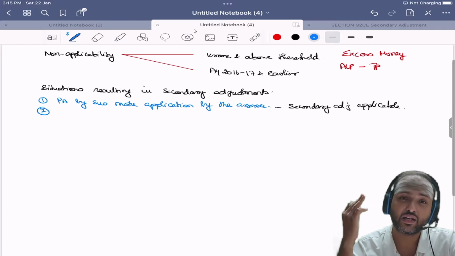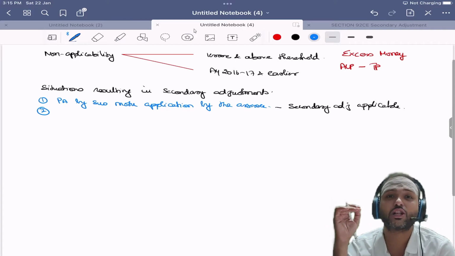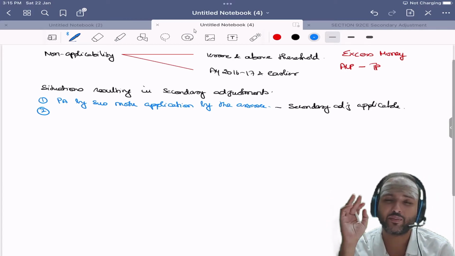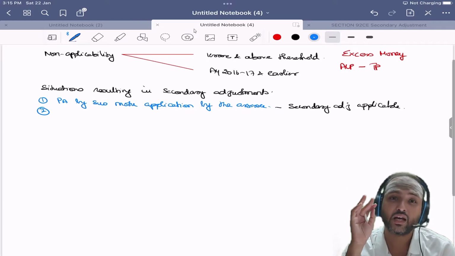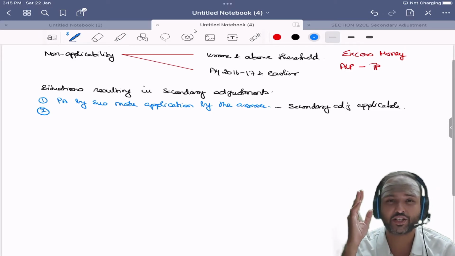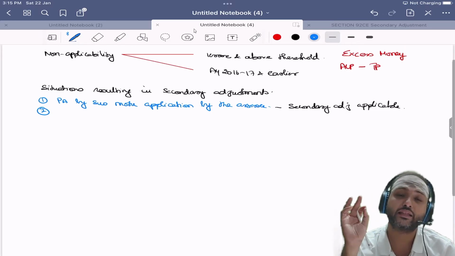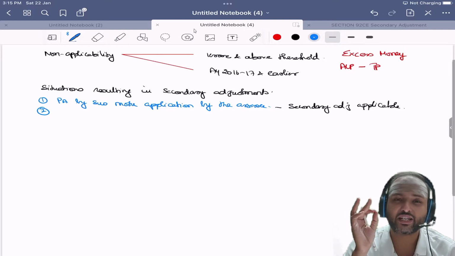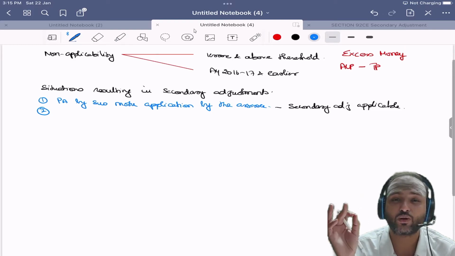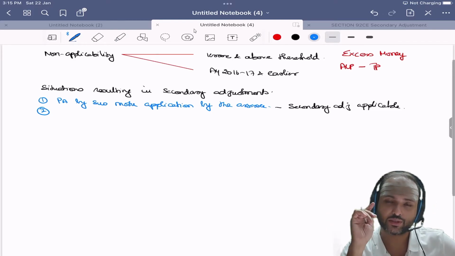The transfer pricing officer does the transfer pricing study. He calls for the documentation. You submit the documentation. The assessment is completed. Assessment order is received, 143(3) order read with section 92CA. They are telling that, boss, your transaction price is 60 crores, not 50 crores.